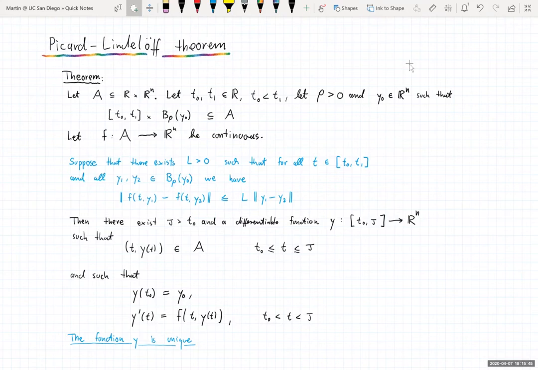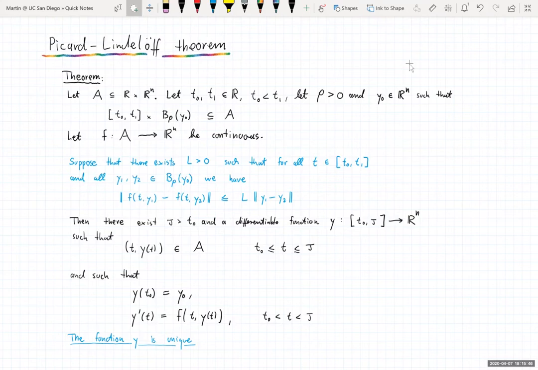So again, the theorem reads as follows. We've got a set A contained in the real numbers times R to the n, and we've got times t0 and t1, where t0 is smaller than t1.